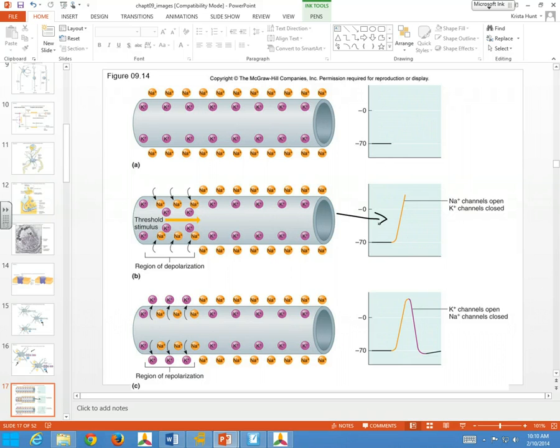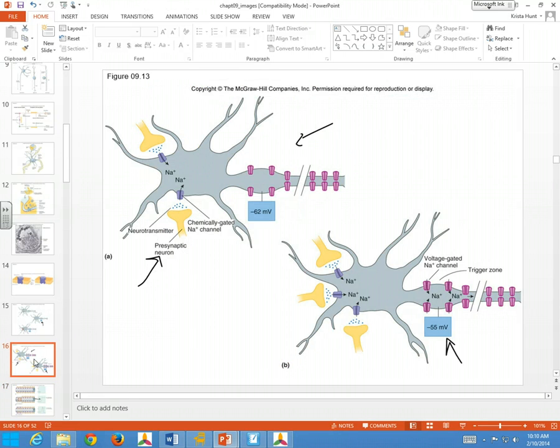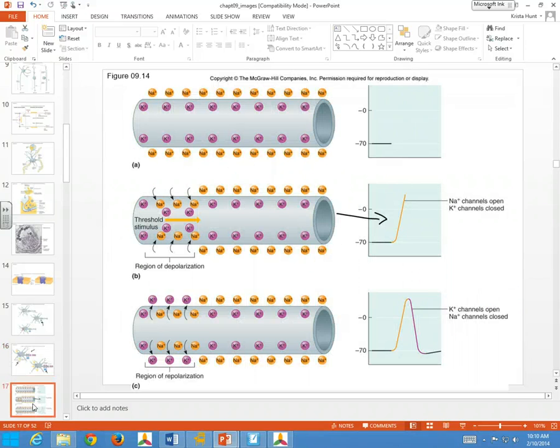Okay? So that is basically what is forming when an action potential happens. You get the signal from the brain that has to be above that negative 55, above that threshold level, that causes the depolarization. So it brings the positives in to take it from negative 70 up to about positive 20.